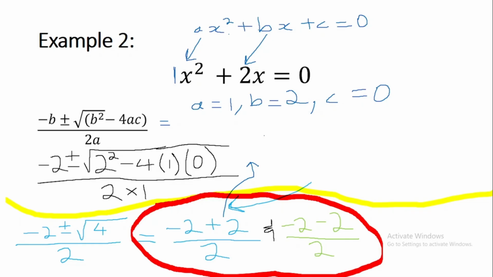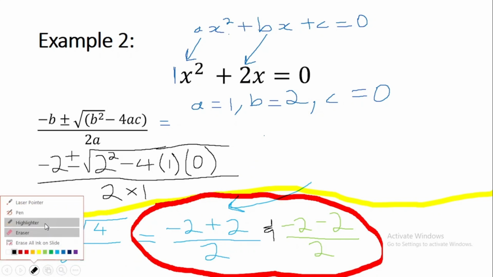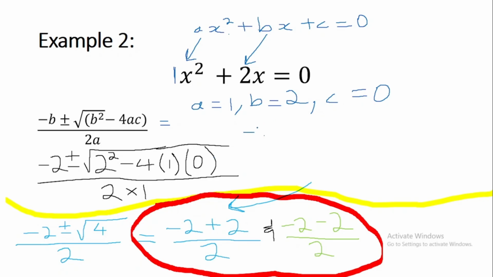So negative 2 plus 2 is going to be equal to, all over 2, is going to be equal to 0 over 2, and that is just 0. So x is going to be equal to 0.